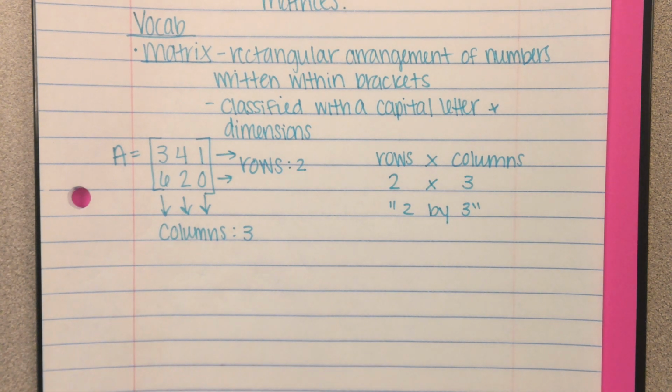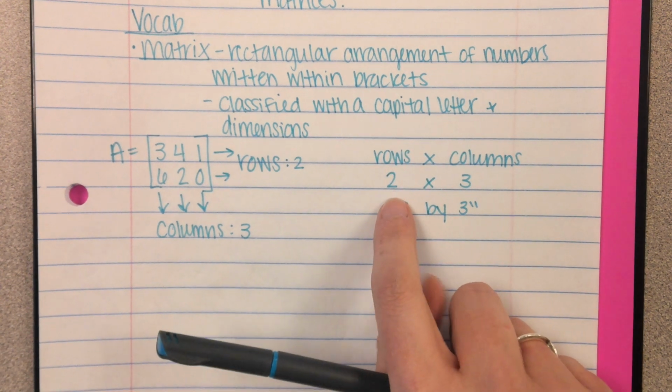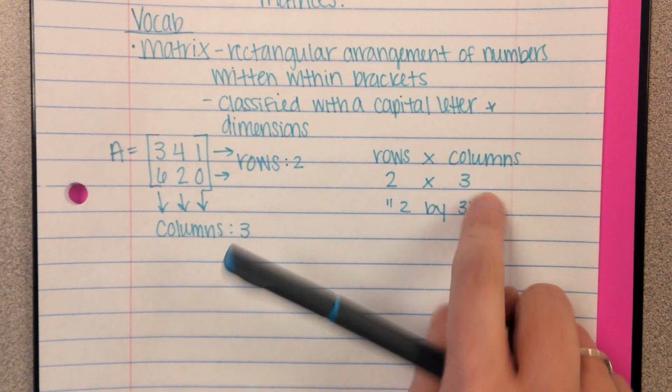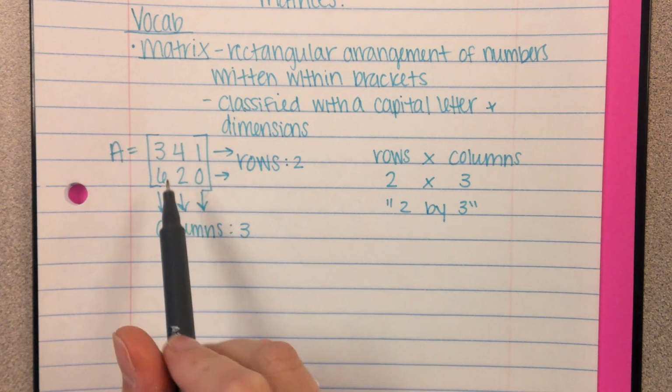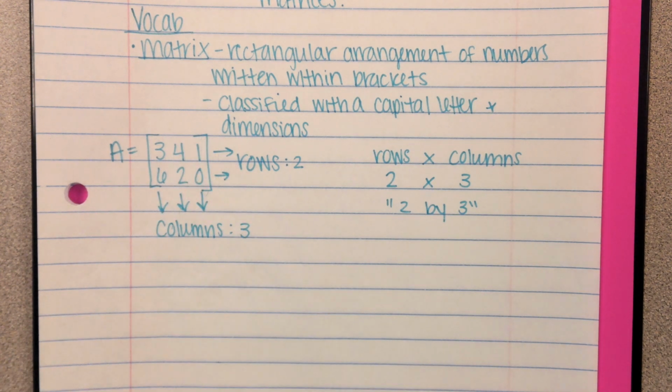You're going to have to look at a matrix and decide how many rows and how many columns it is, and write that out. It looks like 2 times 3, and so that might help you remember it. That's how you would figure out how many elements are in here.